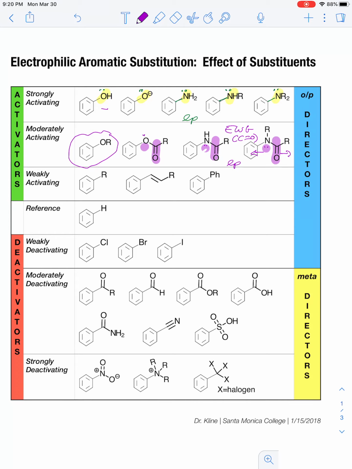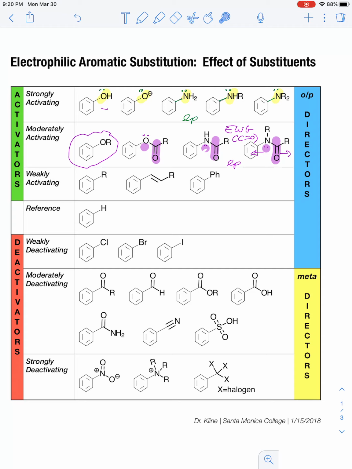So aside from the anisole or the aryl ethers, in each case, we have oxygen and nitrogen heteroatoms that are adjacent to these carbonyls. So notice carbonyl went away, no carbonyls.